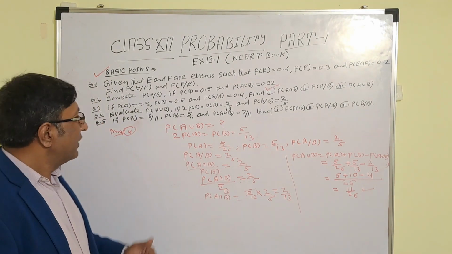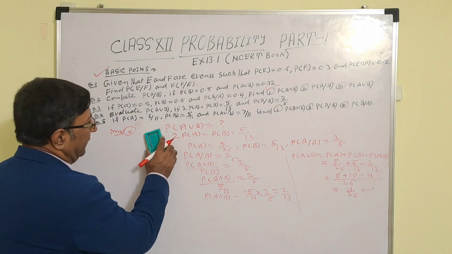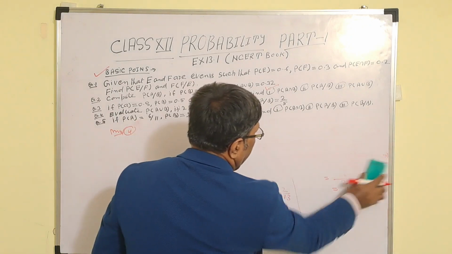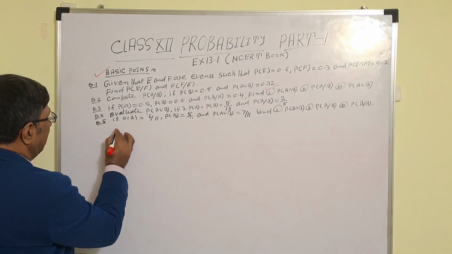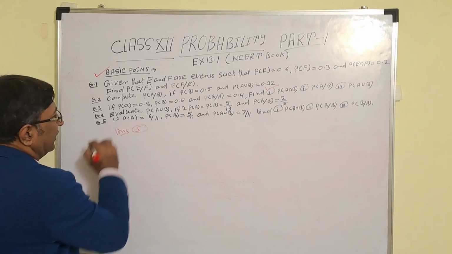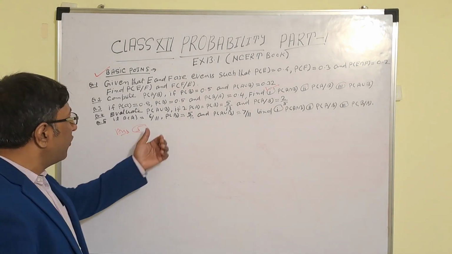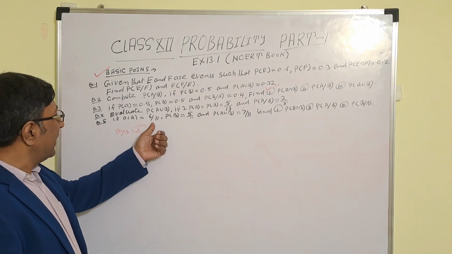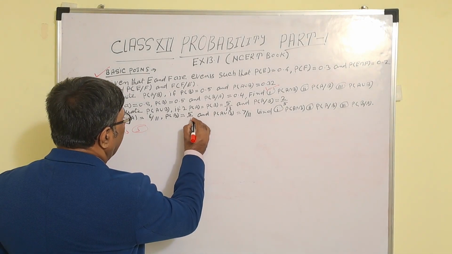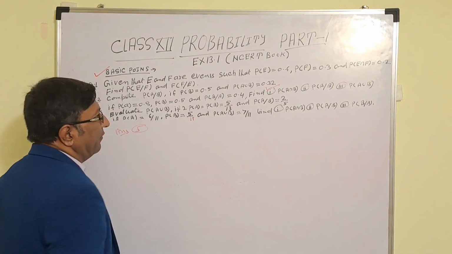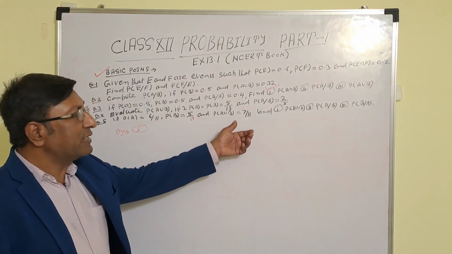Okay, now the last question, question number 5. So this is question 5. The question is what? Probability of A is given as 6 by 11. Probability of B is given as 5 upon 11. And probability of A union B is given as 7 by 11.